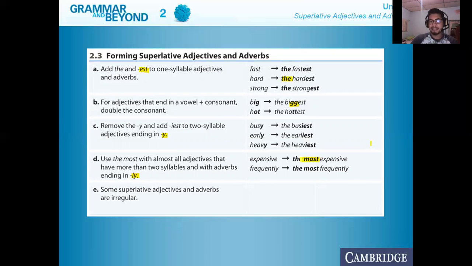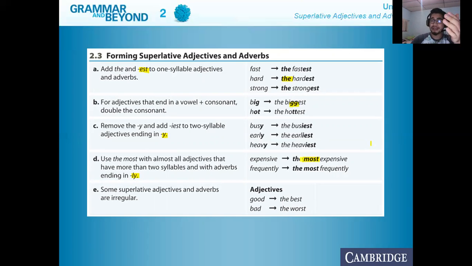Some superlative adjectives and adverbs are irregular. This means, as you remember when we were talking about comparatives, that they have their own forms. Therefore, they are going to change in different ways when they are using this form. For example, adjectives like good will become the best, or in the case of bad, they will become the worst.